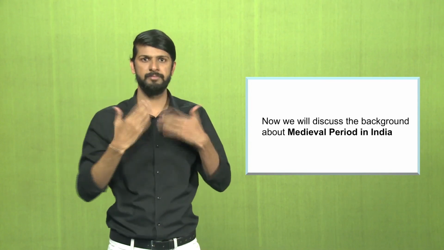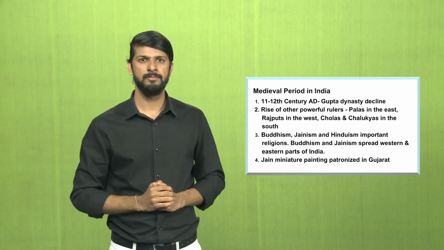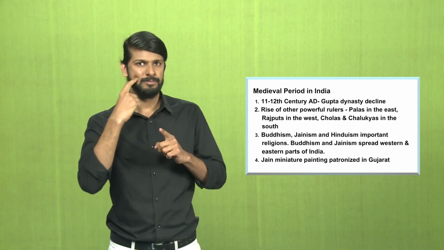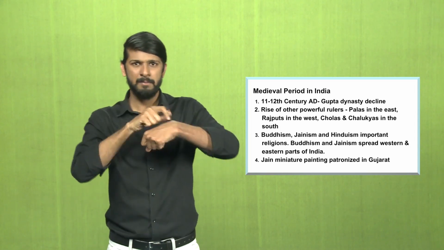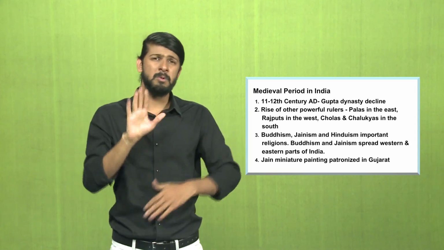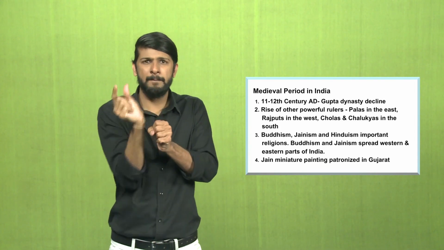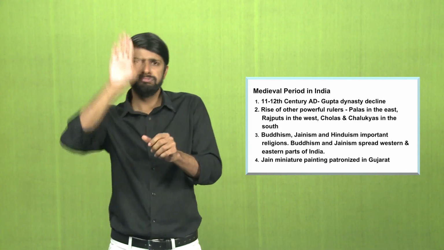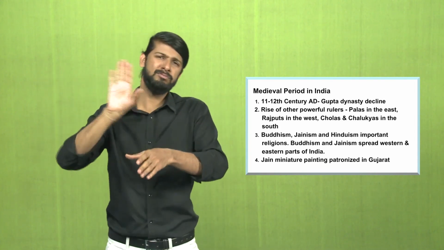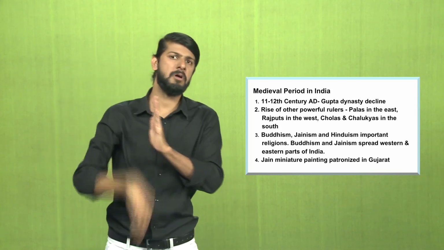Now, we will discuss the background about the medieval period in India. The medieval period in India. During the 11th and the 12th century, the Gupta dynasty was on a decline.